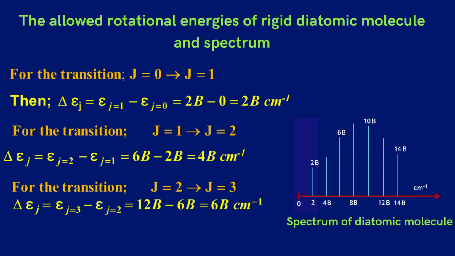Similarly, for transitions J1 to J2 and J2 to J3 it is calculated, given here. The differences in energy levels are 4B and 6B. Based on the differences in energy levels for different transitions, the spectrum can be drawn, given here. Thus, the separation between successive rotational spectral lines is 2B, which is a characteristic feature of the microwave spectrum of a rigid diatomic molecule. These allowed transitions give rise to the observed rotational spectrum.